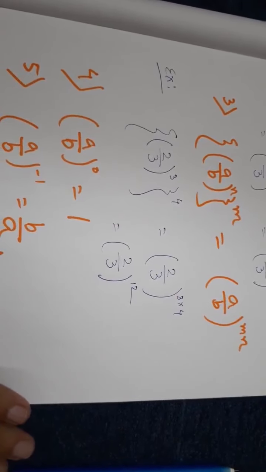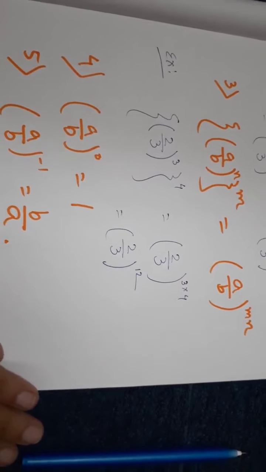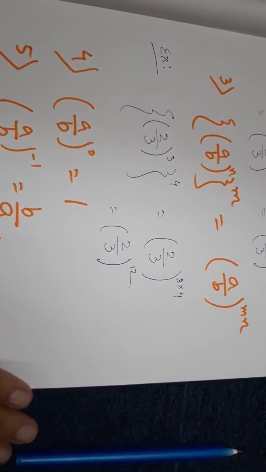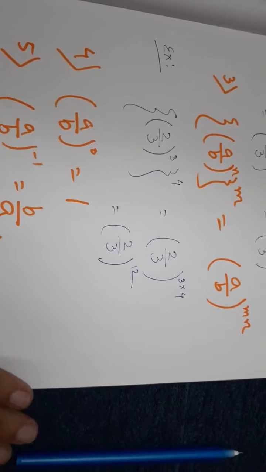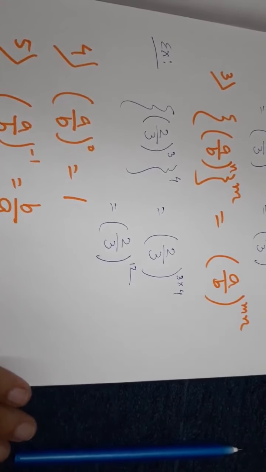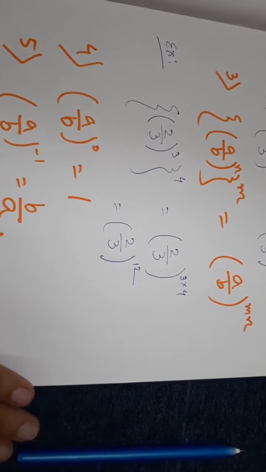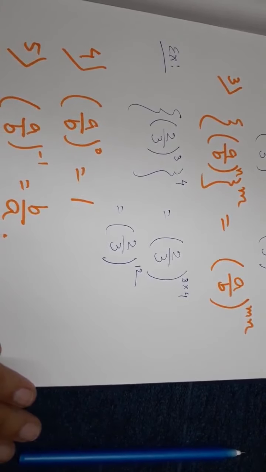Then students, we can discuss formula numbers 3, 4 and 5 also. You can see here, formula number 3: it is given a by b raised to the power n, then outside the bracket it is written m.